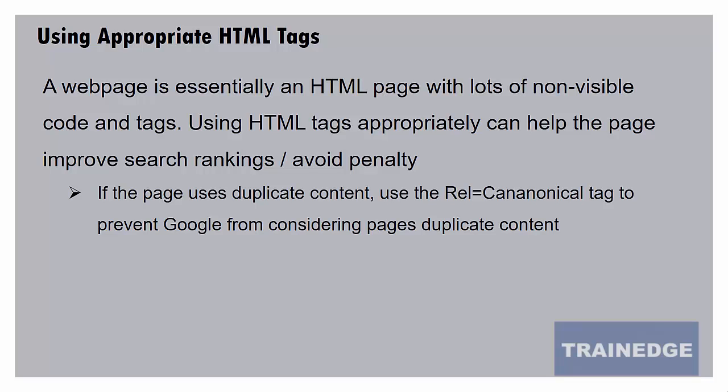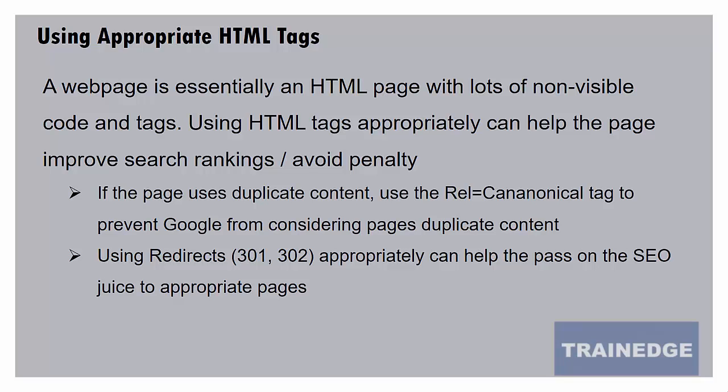Similarly, if you use redirects, then you can pass on the SEO benefit to the appropriate page. So if you have a page at old URL and then you change the URL for whatever reason, then you should use the 301 redirect from the old URL to the new URL that tells Google, look, the page has moved permanently to the new URL. Please pass on all the SEO benefits to the new URL.